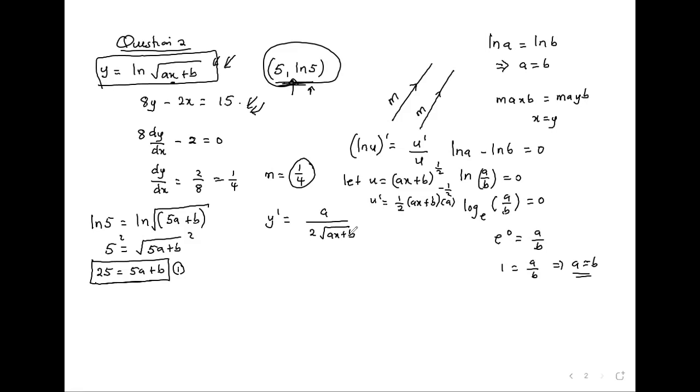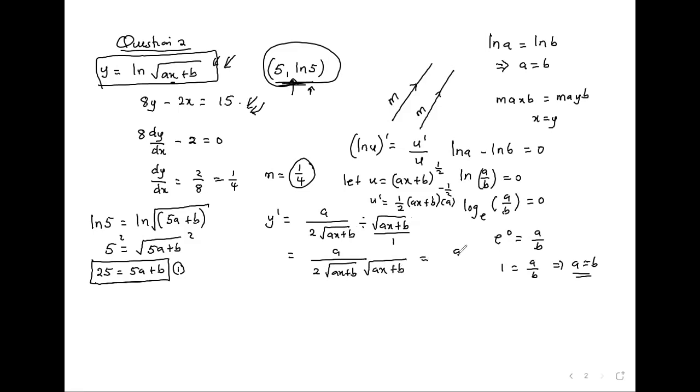So that we divide this by root ax plus b over 1, of course, which is a over 2 root (ax plus b) multiplied by root (ax plus b).